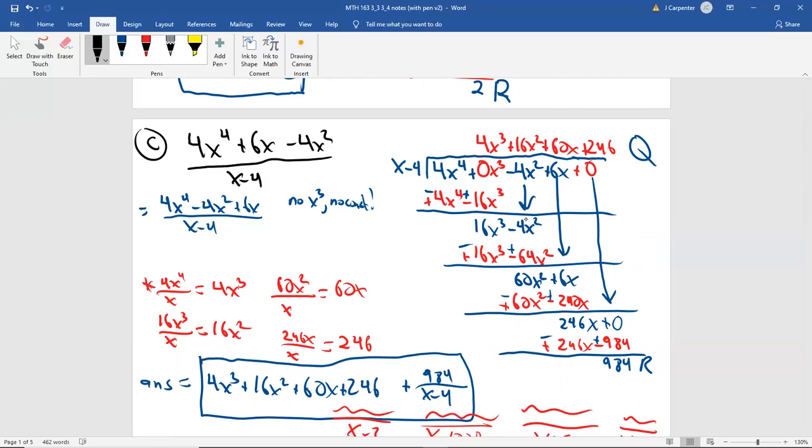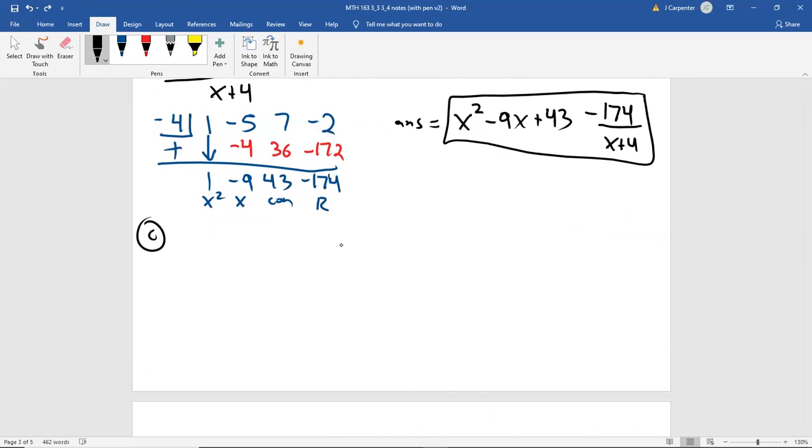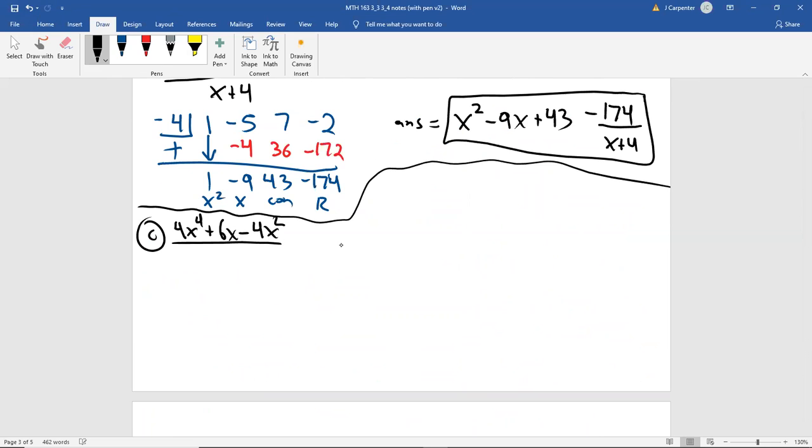So we're going to do this one synthetic division now, which does not have a number in front of the x. I'm not saying that's a 0. I'm just saying there is no number written, which means it's a 1, which is fine. So this will fit the bill for synthetic division. So let's try it out. So we're doing, once again, 4x to the 4th plus 6x minus 4x squared, all divided by x minus 4.